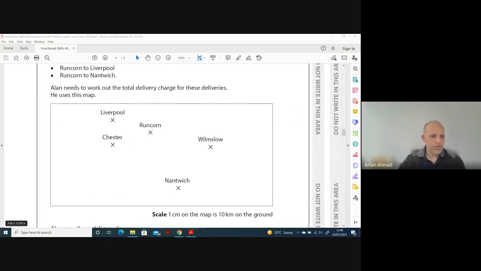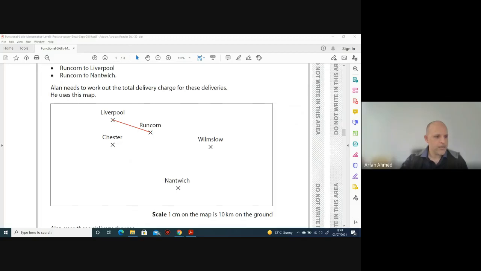I would draw a line, because it's to do with measuring. Let's draw a line from Liverpool to Runcorn. Obviously you guys use a ruler. I've got this funny thing on here. And I think when you measure it, it should be about 2.5 centimeters on the page.